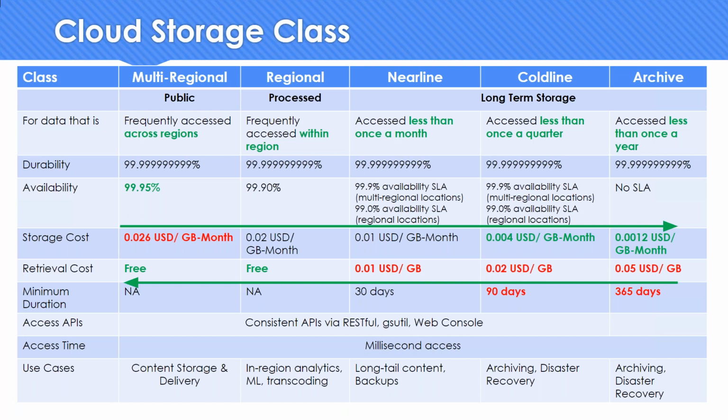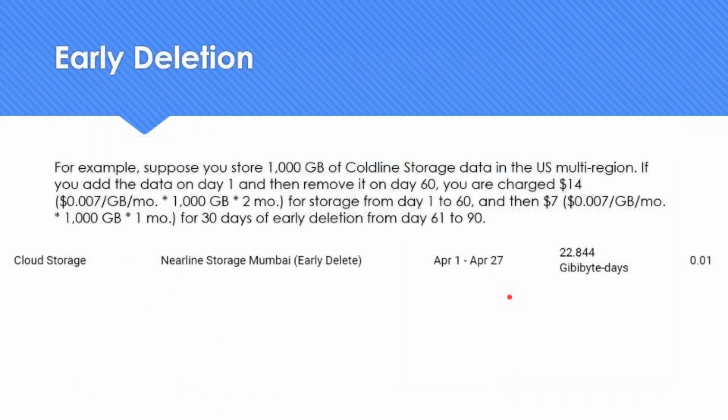In March itself, we are going to get an extra cost saying early delete, because you did not retain it for 30 more days. As per the requirement, it has to be 90 days. So the 30 days cost is also going to be added to your invoice. So you have to retain it. If you don't, there's going to be an early deletion cost.